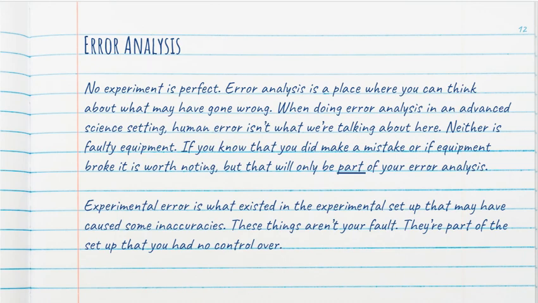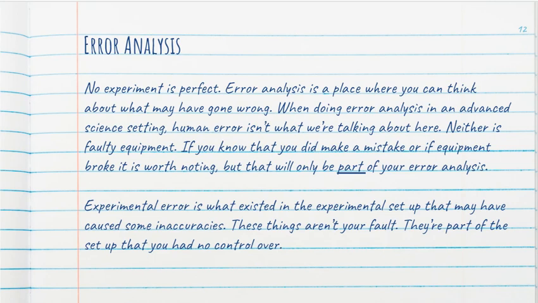So this is stuff where maybe there's a little gray area, but it's not your fault. It was part of the design of the experiment. So for example, if we're growing things under different light, maybe light bulbs produce heat. Maybe the plants got heated up different amounts by my light bulbs, and so that could have caused them to grow.